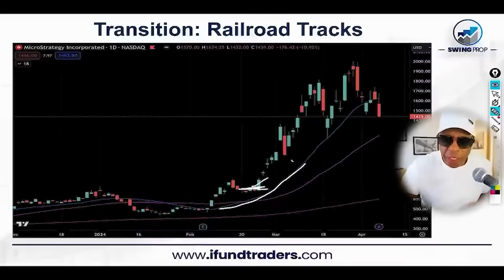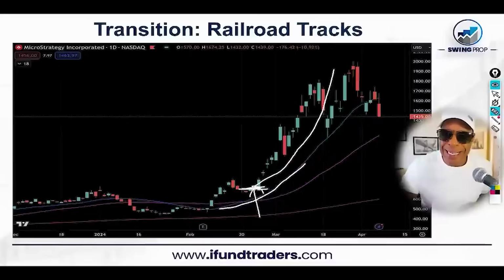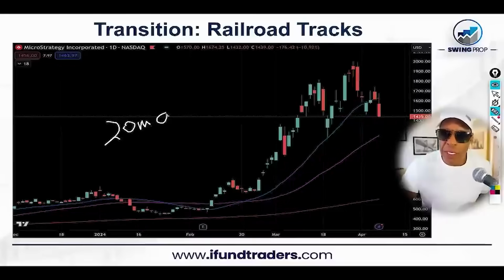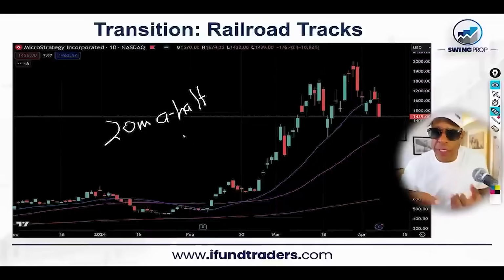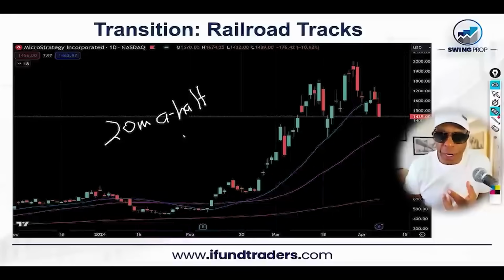Okay, so this is the start of an enduring run because you got the 20 MA halt. Just remember that, the 20 MA halt. It's the originator of a lot of very powerful swing trading opportunities, whether it's an hourly chart, 4-hour chart, a daily chart, right?